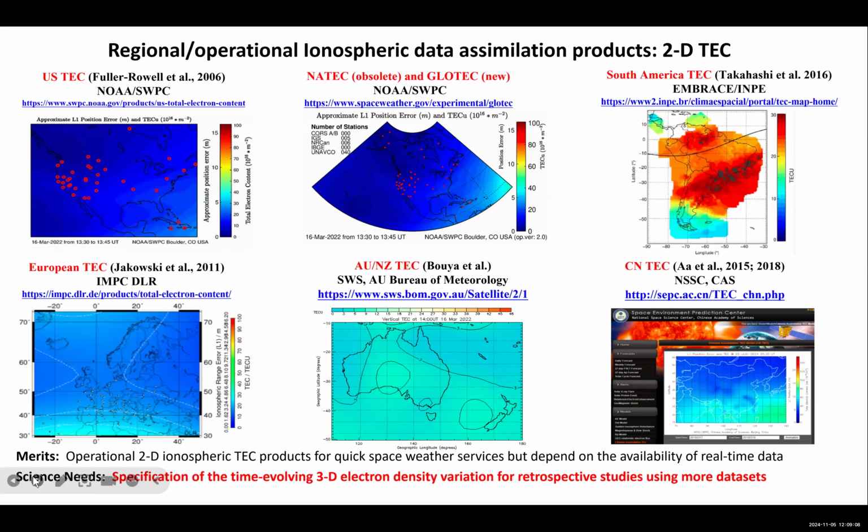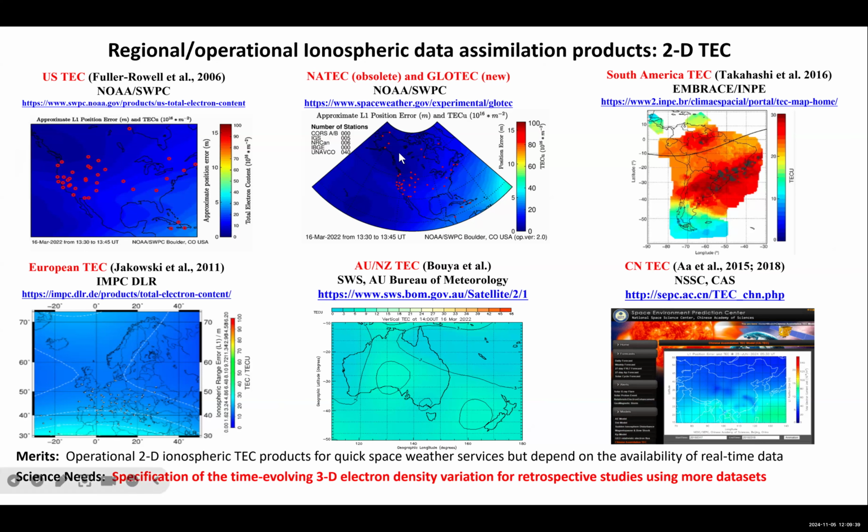So talking about the regional ionospheric data simulation models, we know that there are some operational products that provide the two-dimensional total electron content results. For example, in NOAA's WAPC, they have a US TEC that provides a quasi real-time TEC nowcast by using the real-time GNSS data.